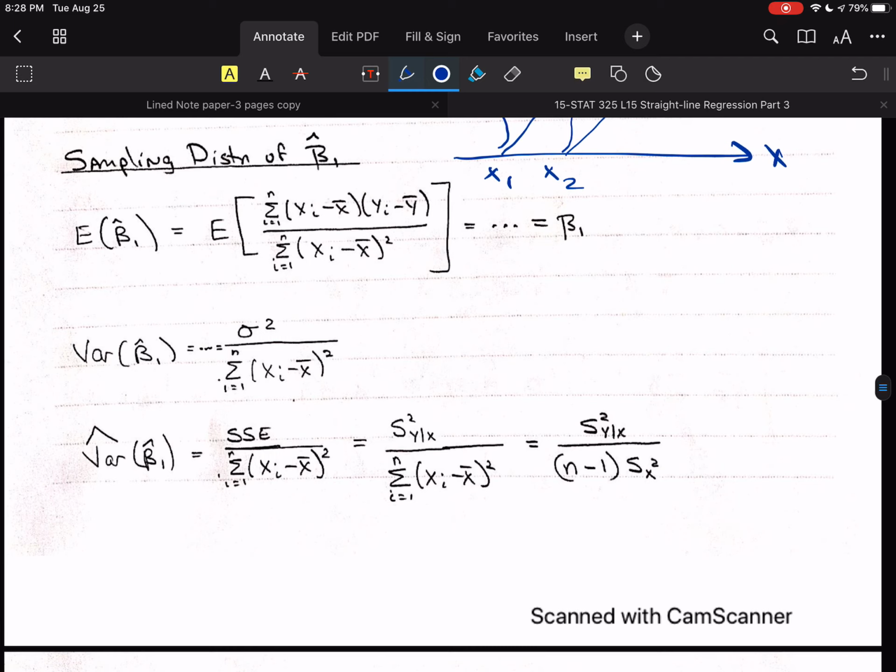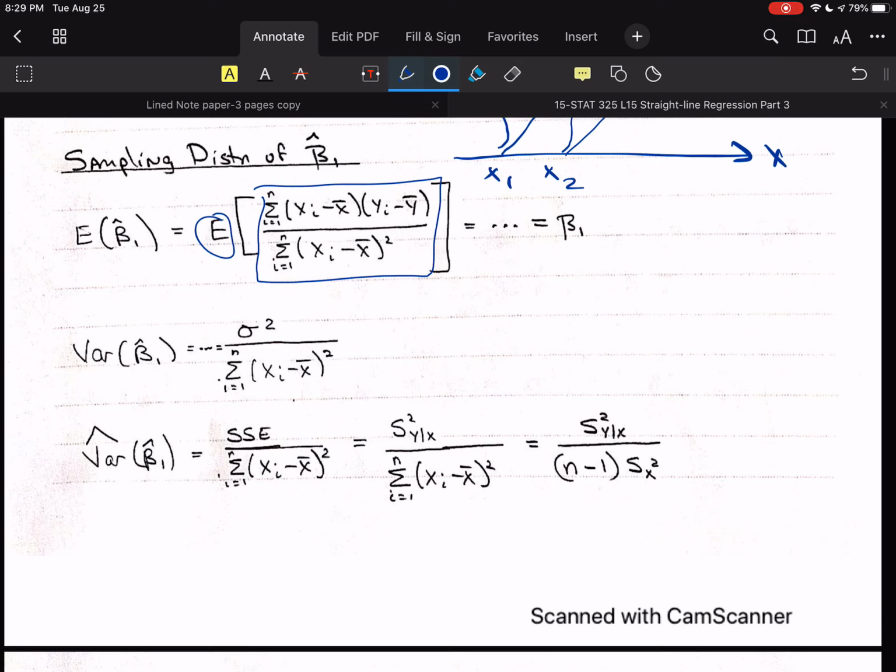So let's look at the sampling distribution of the slope. We take the expected value of the estimate of the slope, beta 1 hat, and we plug in our estimate here. And there's a lot of algebra that goes on. I won't bore you with it, and this is an applied class, not a theoretical class, so we won't get into deriving this.